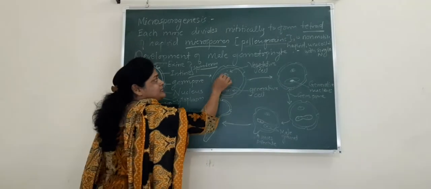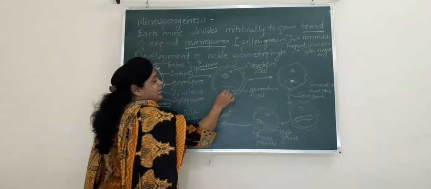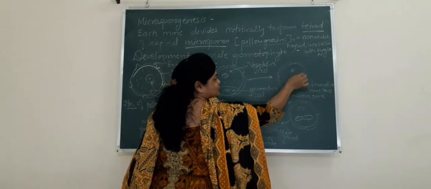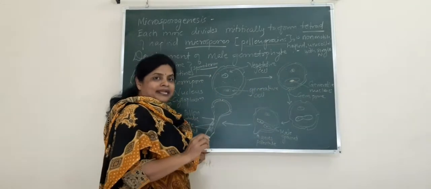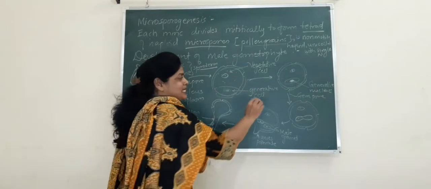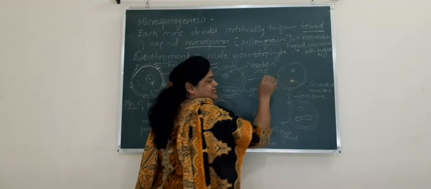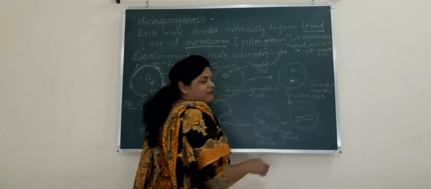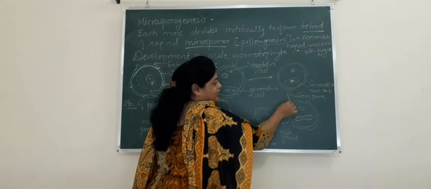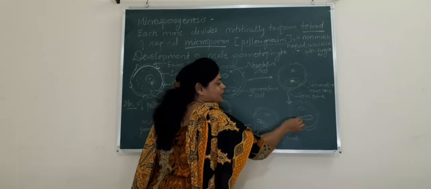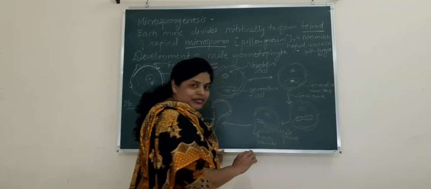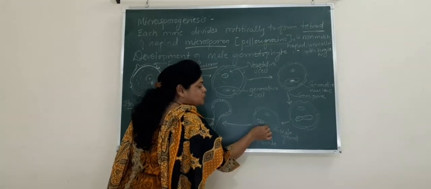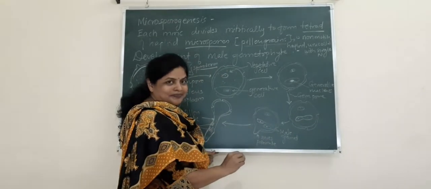Further, the generative cell floats in the vegetative cell and its nucleus starts to separate. This is called the second mitotic division. In the second mitotic division, the generative nucleus separates to form two male gametes.